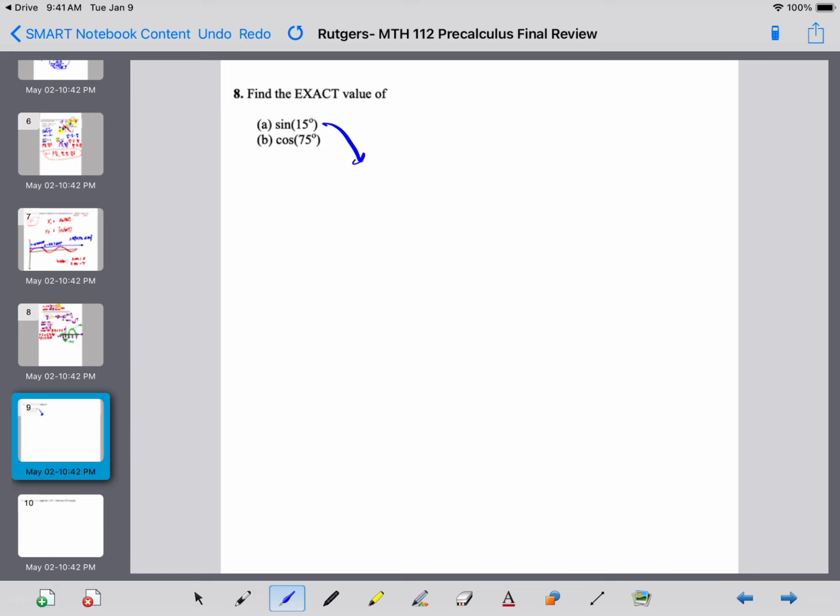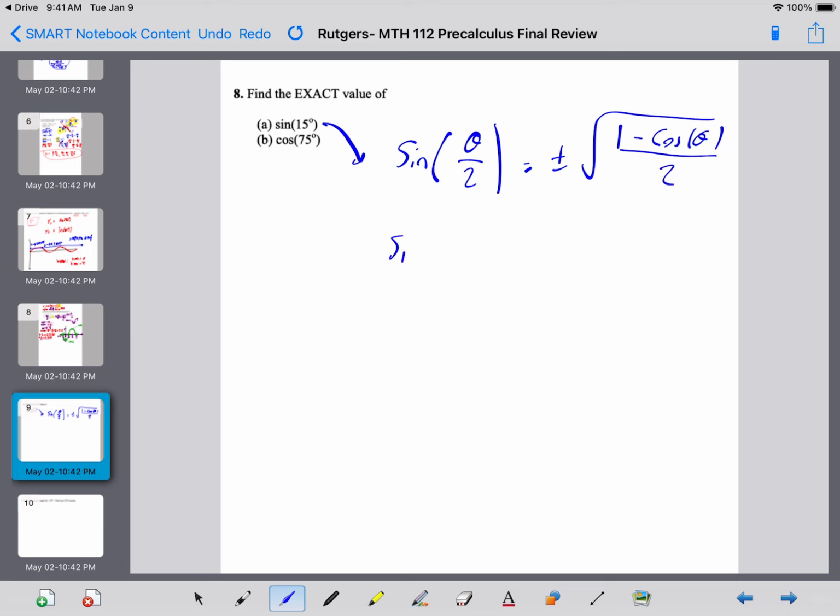So the half angle formula for sine is sine of theta over 2 equals plus or minus square root of 1 minus cosine of theta over 2. So sine of 30 over 2, we're going to say our theta is 30, plus or minus the square root of 1 minus cosine of 30 over 2.